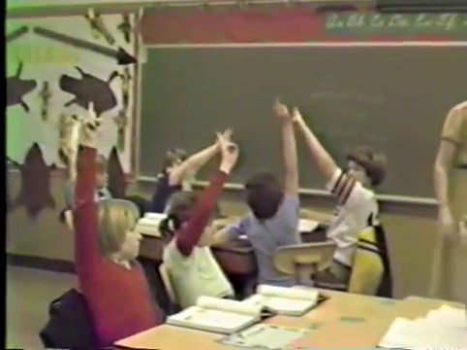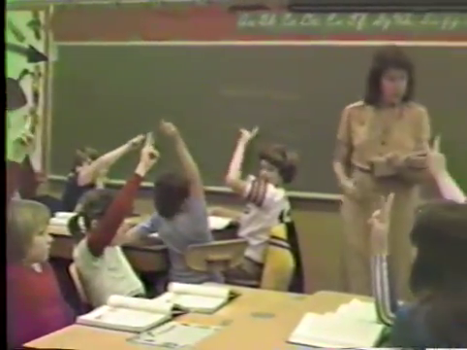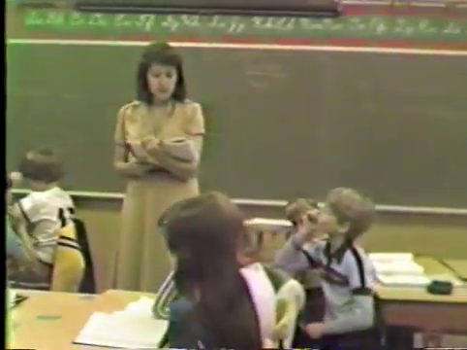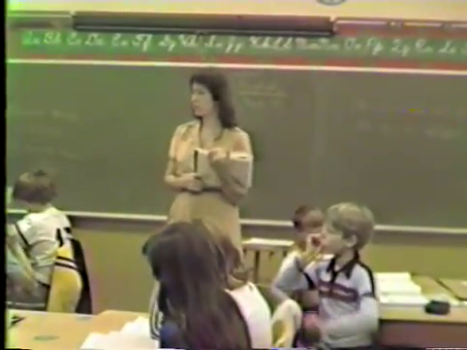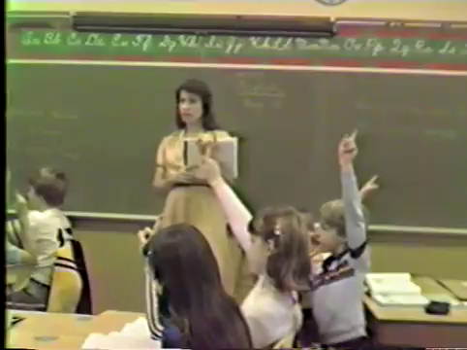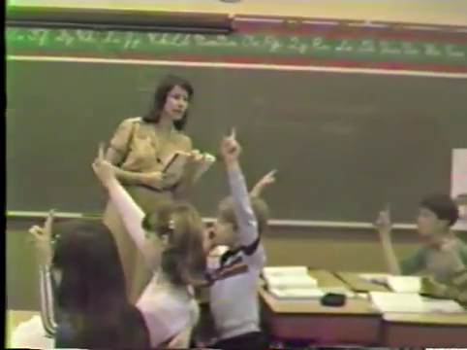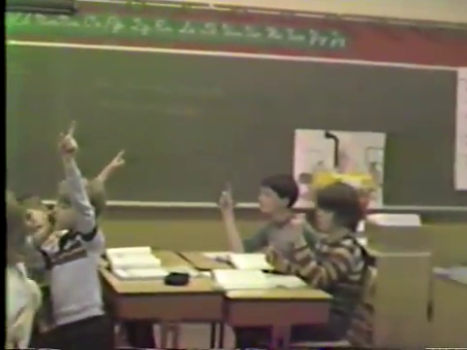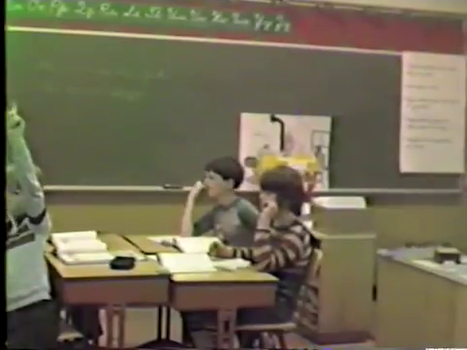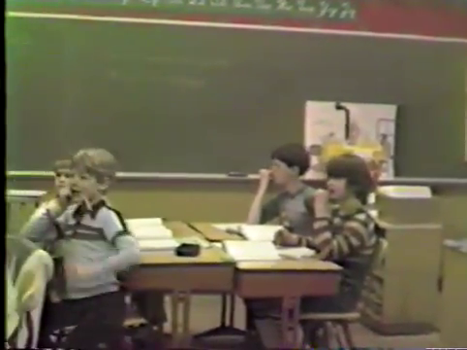Okay, not present tense. Let's go on to the second one. My father talks about the winter storms. Okay. Very good. So far we've had one not present and one present tense.